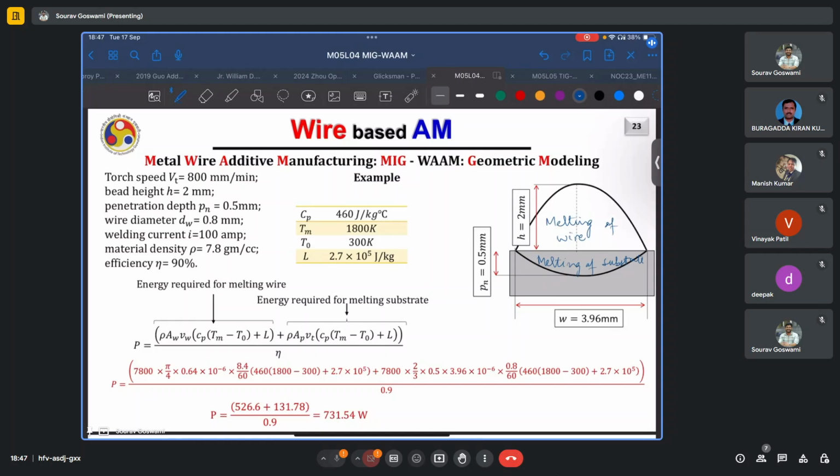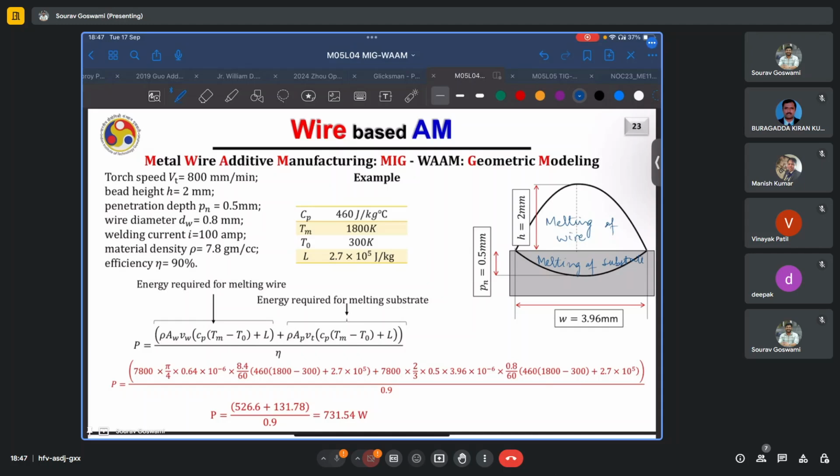First, we account for the energy required for melting the wire. So typically, the amount of energy per unit volume would typically be rho Cp delta T. Sorry, that would be per unit mass. The amount of energy required per unit mass would be rho Cp delta T, because Cp is typically expressed in volumetric terms. All of these terms are usually in terms of per unit volume.